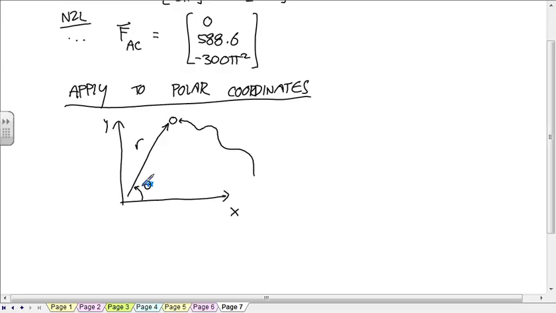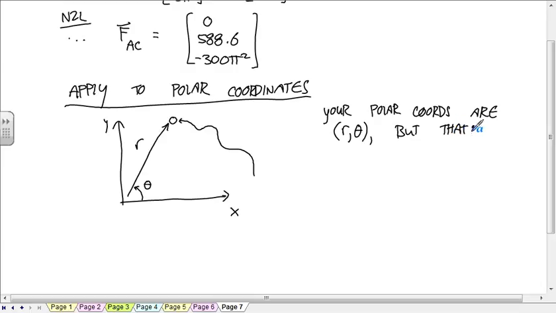So the first thing you have to notice is, in polar coordinates you're used to thinking in terms of r, theta, but that's not a vector. That's not the position vector in polar coordinates.